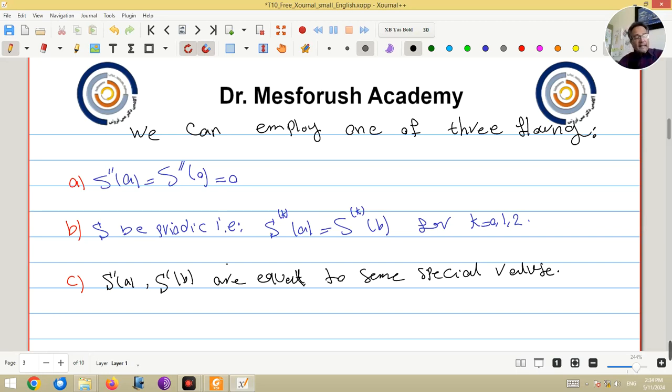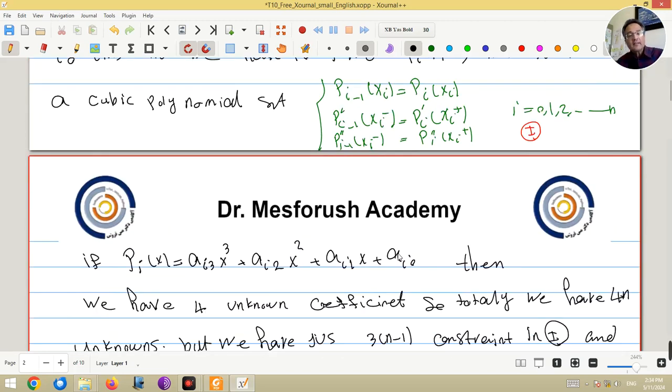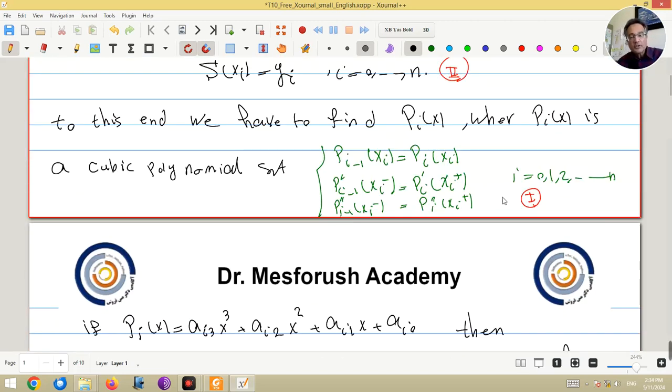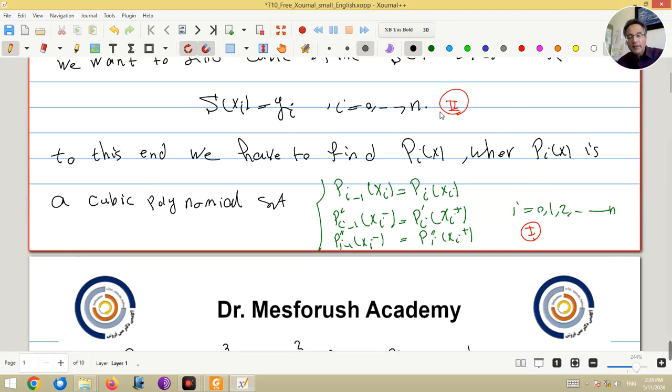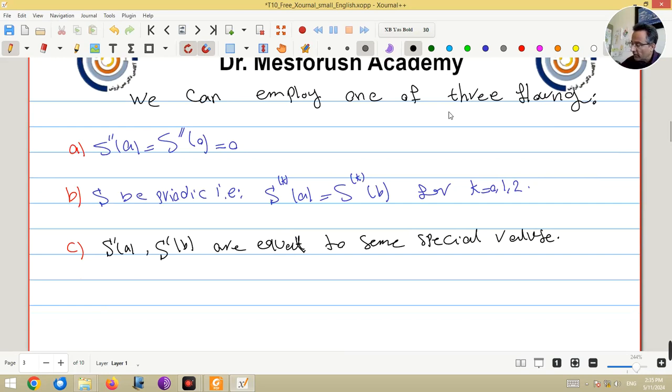If we add these two constraints to the 4n minus 2 constraints that appear from conditions number 1 and number 2, we will have a system of 4n equations and 4n unknowns, and we can find the solution for the system. And in fact, the spline has been computed.